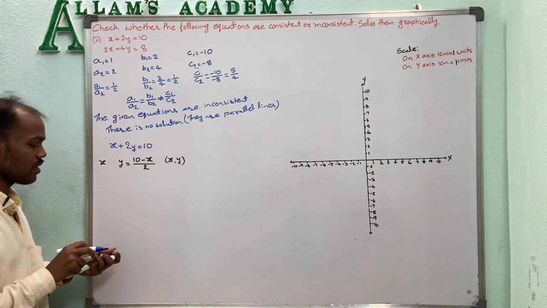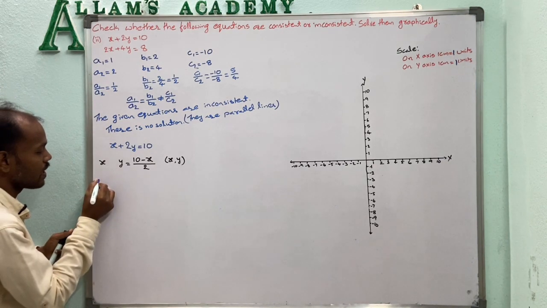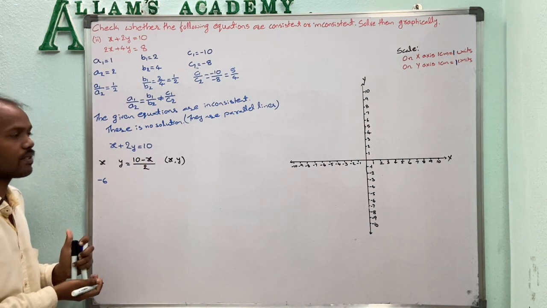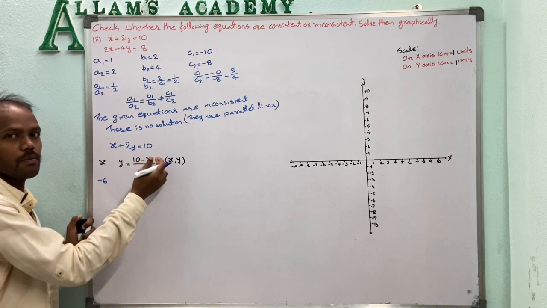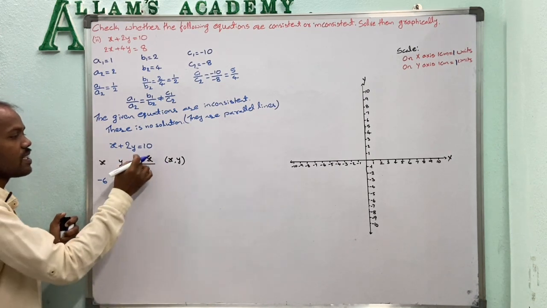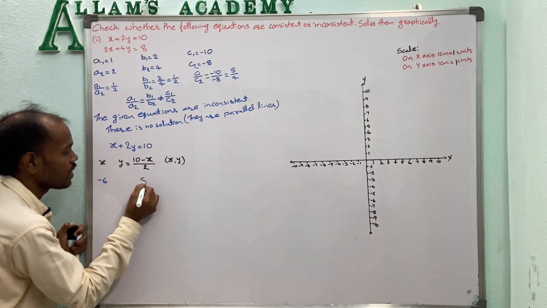If we substitute x equal to minus 6, 10 minus minus 6, minus into minus means plus, 10 plus 6 equal to 16, 16 by 2 equal to 8.